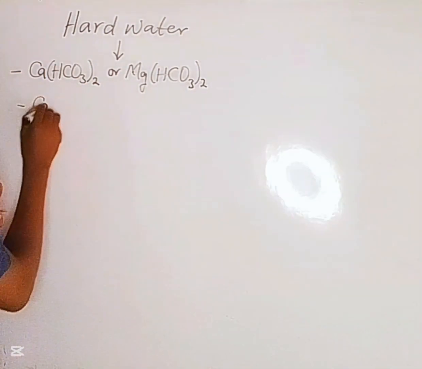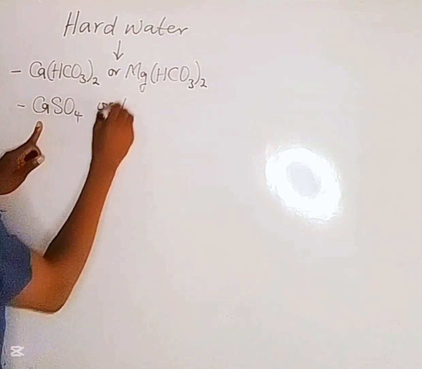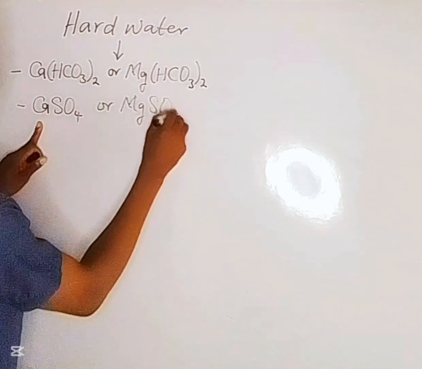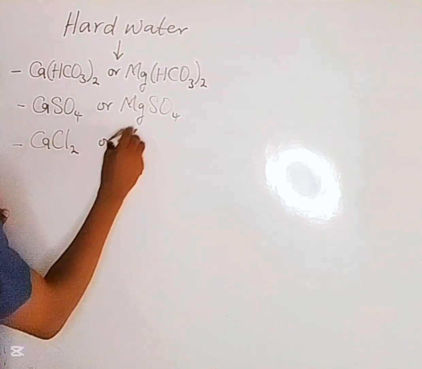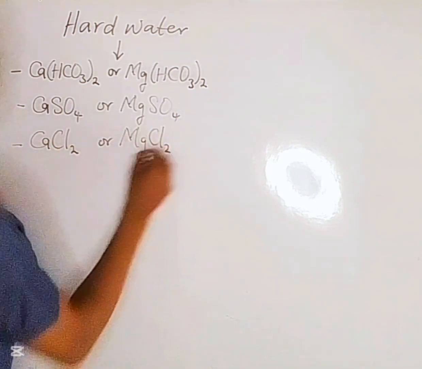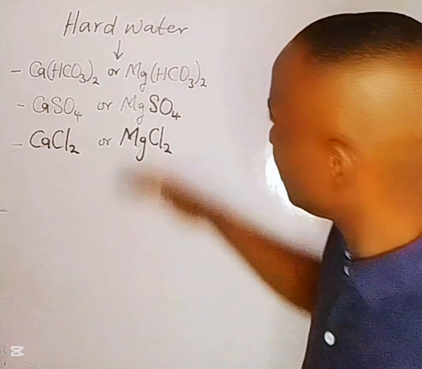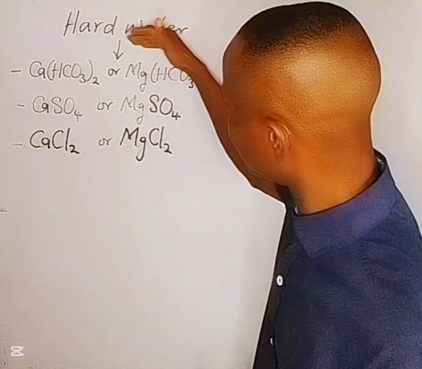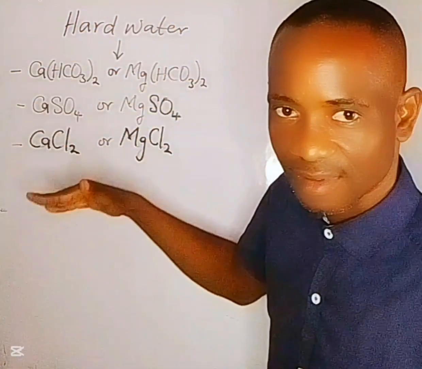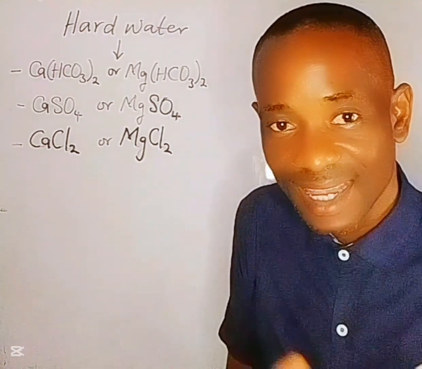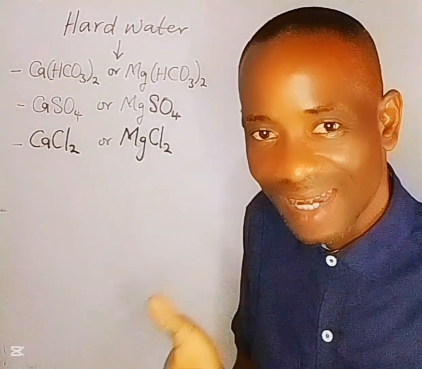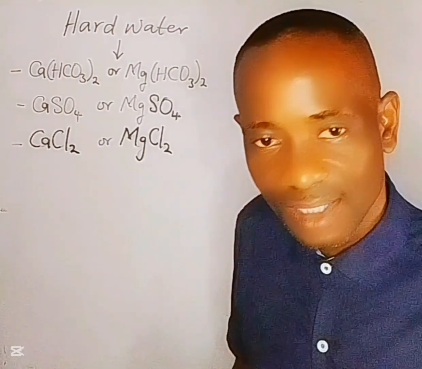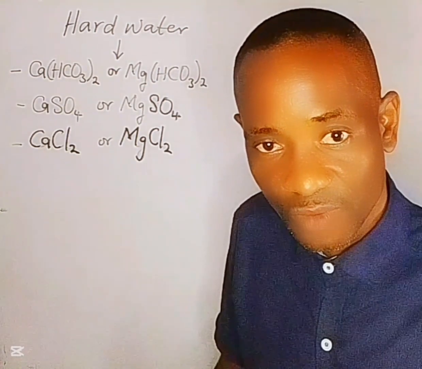So any water that contains calcium or magnesium ions in any of this form, that water is hard water. Calcium tetraoxosulfate 6 or magnesium tetraoxosulfate 6. It can be in this form: calcium chloride or magnesium chloride. So hard water is any water that contains any of these salts. You can define hard water as any water that does not easily form lather with soap, that is, does not allow soap to produce foams.